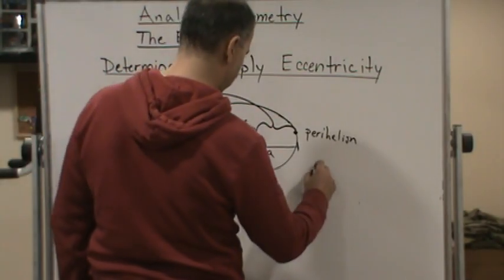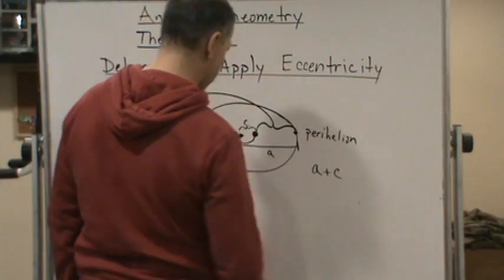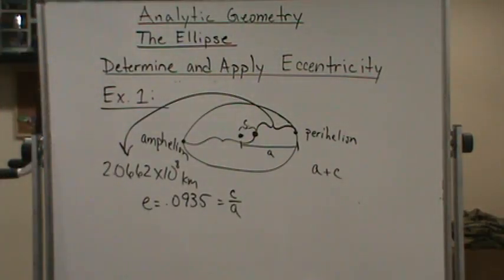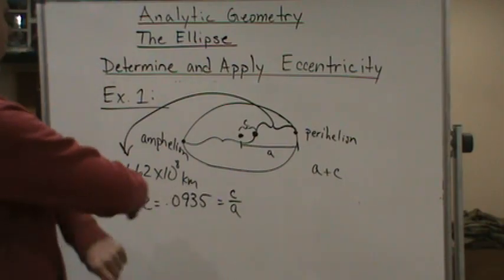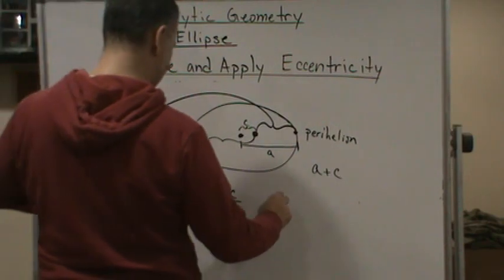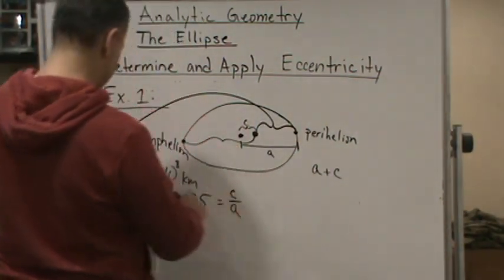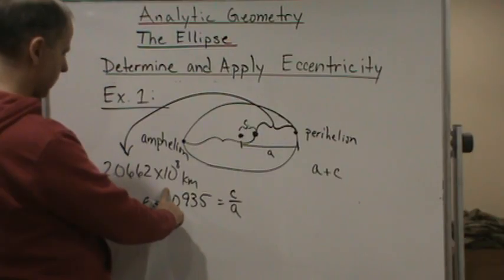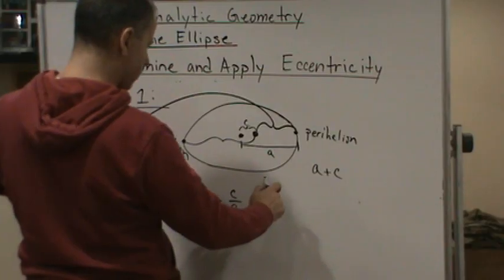A plus C. We want to find A plus C. But we know that this 2.0662 times 10 to the 8 kilometers, that's equal to what?